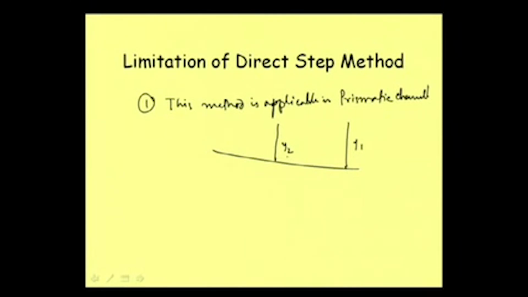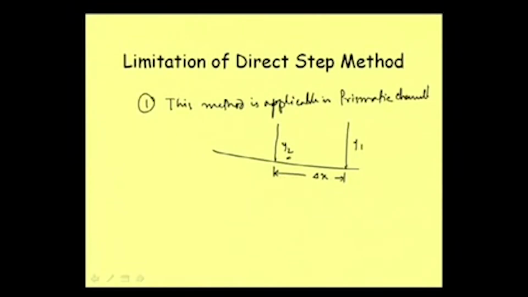Rather, we are not calculating y2, we are assuming y2, and then we are calculating this delta x. And the governing equation we are using, there itself we made one assumption that the channel is prismatic. Now, when we are applying that equation and solving for delta x, we do not know beforehand what is the length of this delta x.